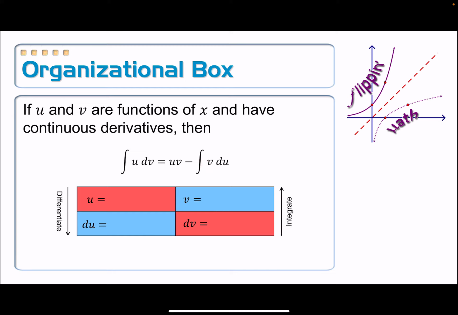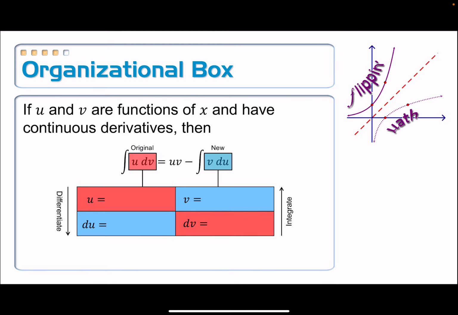And now what we can see is along the red diagonal, we have the original integral, and along the blue diagonal, we have the new integral. And hopefully, as I've said 14,000 times, this new integral is the one that's far simpler than the original one, and it's going to be easier to integrate. And then remember that the actual answer here is uv, which is along the top of this box, uv minus the antiderivative of v du along the blue diagonal.